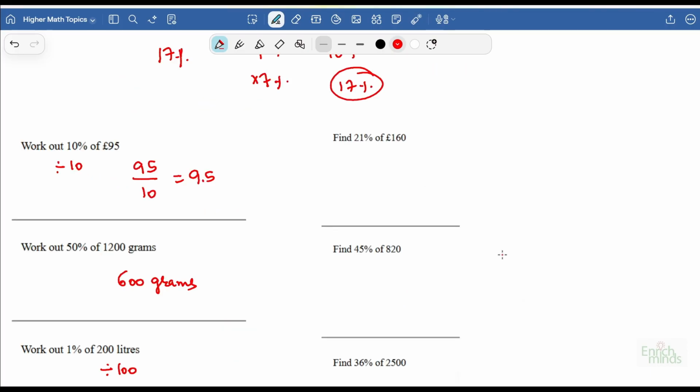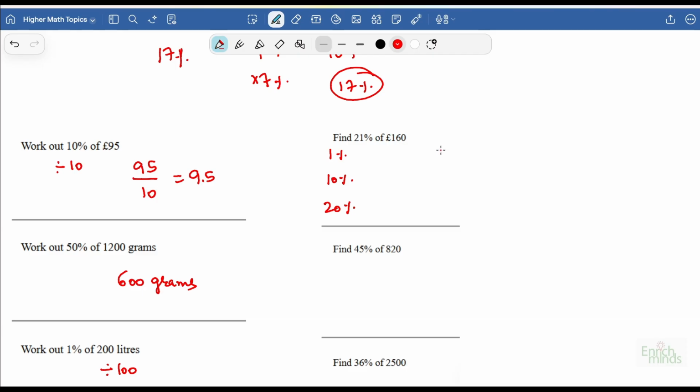Find 21% of 160 pounds. So I can find 21% in terms of these easy percents, a combination of the easy percents. So I can find 1% and then 10% and then 20%. So for 1%, I divide this quantity by 100 to get 1% of it.